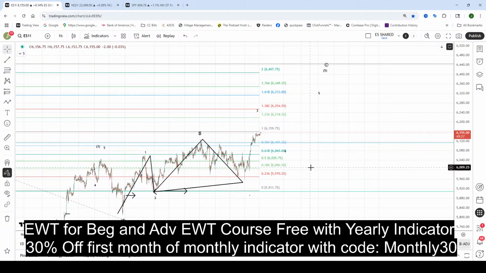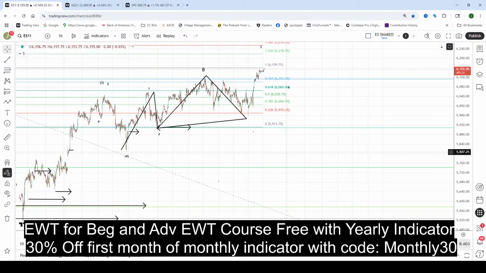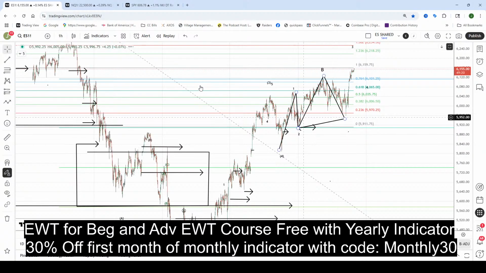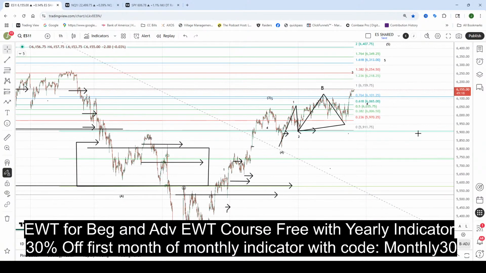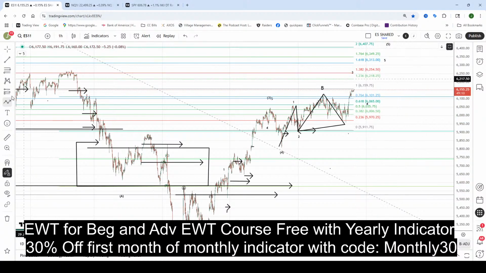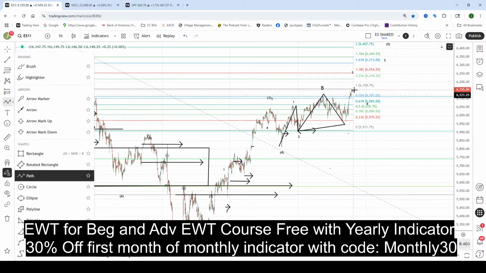If support breaks, this can unravel to the downside very quickly. But overall, given the ugly structure, I would expect all-time highs either way. So should they break down from here, we would look for a three-wave breakdown and then all-time highs, or the current path, which is directly to all-time highs.